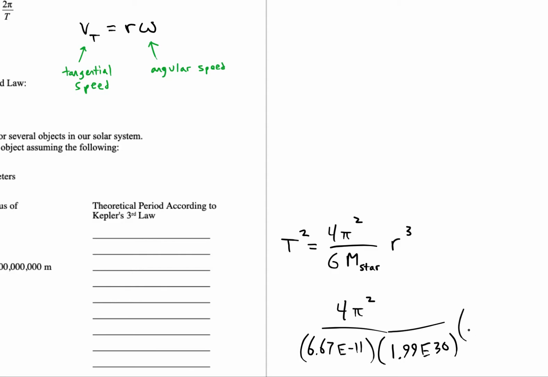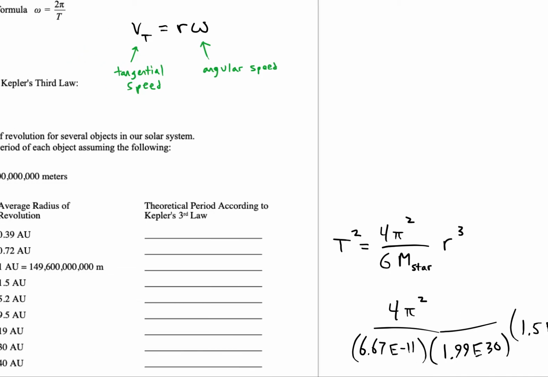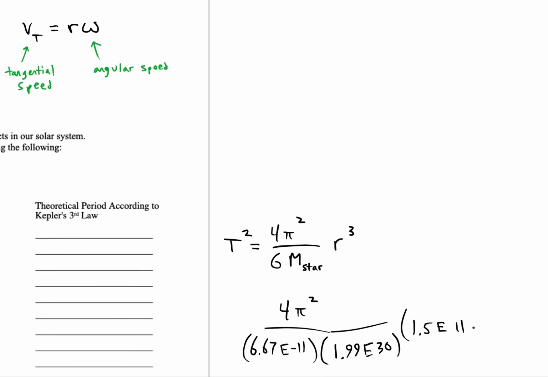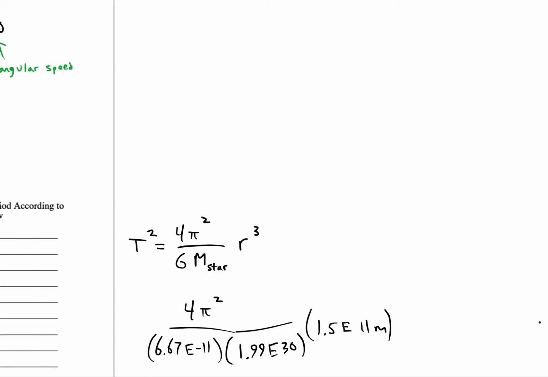Distance from Earth to sun, 1.5 times 10 to the 11 meters.